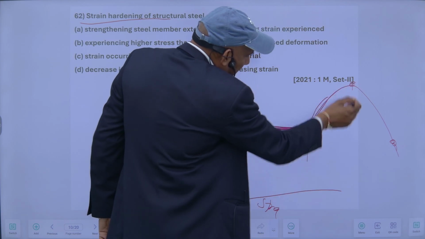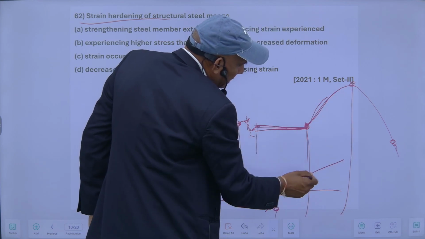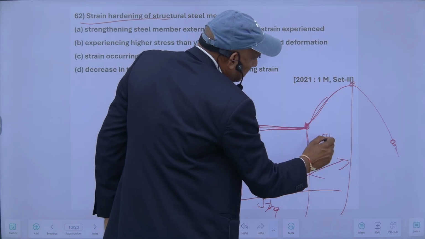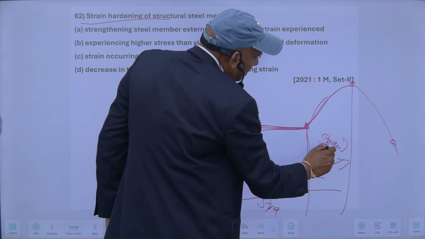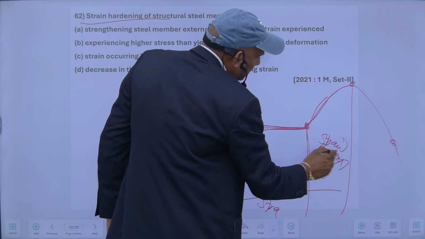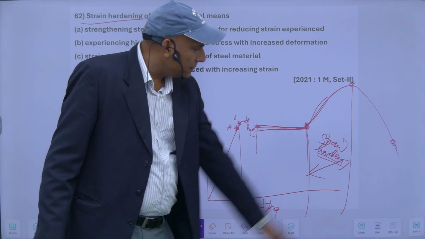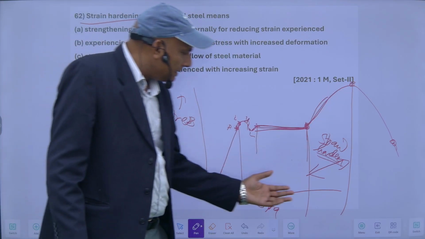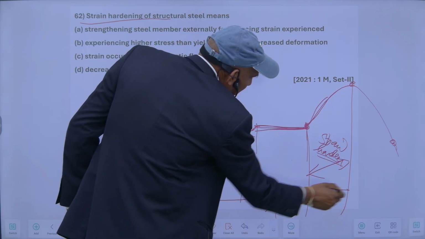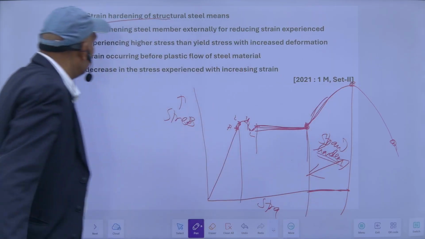So this portion is the strain hardening zone. In this case there is an increase in the stress with increase in the strain. So my strain is also increasing and stress is also increasing.